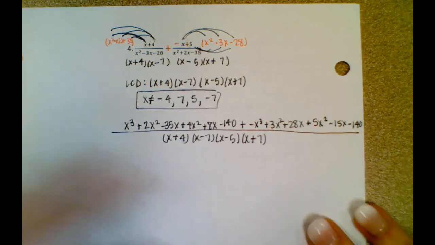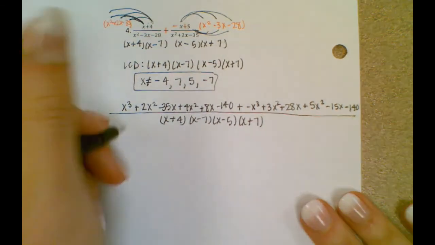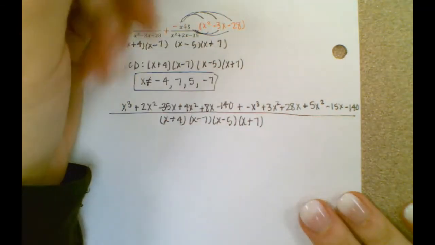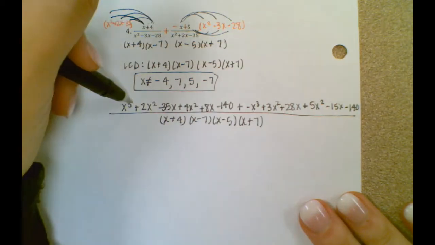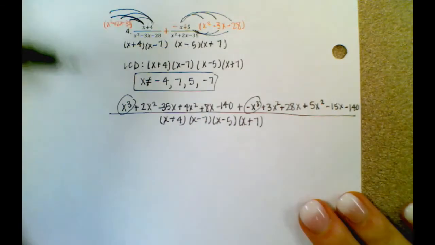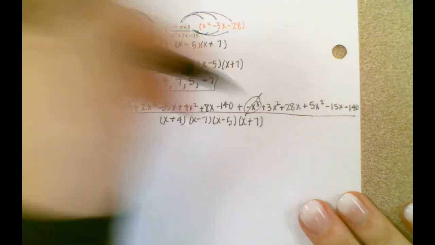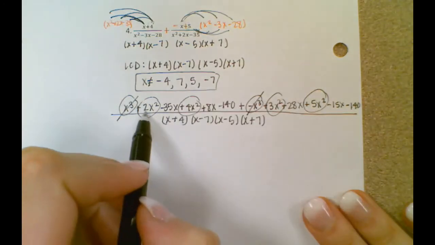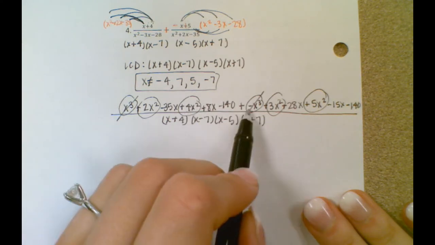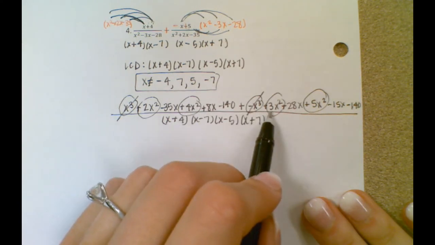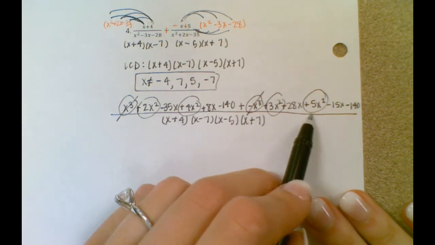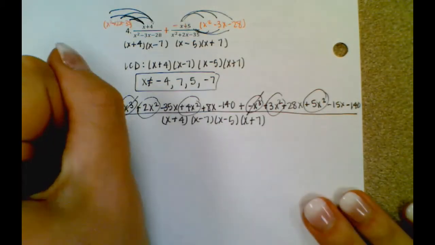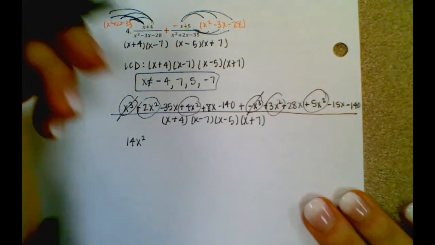Okay, I will not give you something this crazy. Sorry, guys. So let's see here. We've got x to the third minus x to the third, so that cancels. We've got an x squared, x squared, x squared, x squared. So 2 plus 4 is 6, plus 3 is 9, plus 5 is 14x squared.